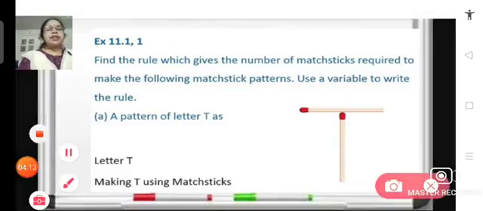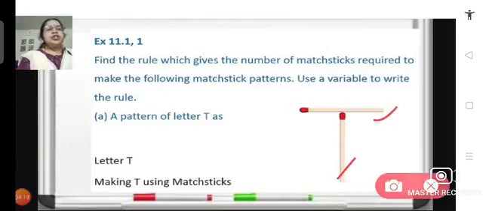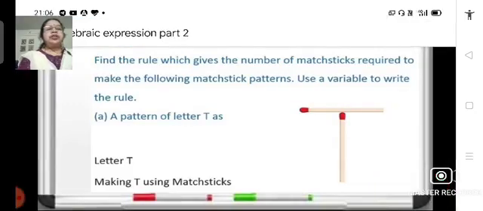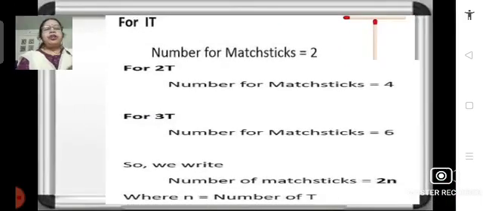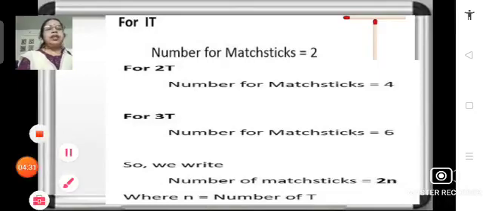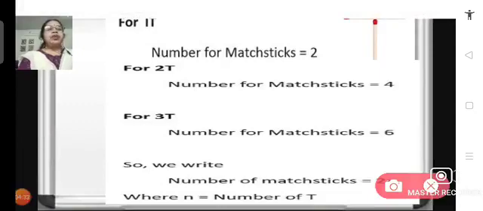How many matchsticks we are using? We are using 2 matchsticks. So, how do we write general formula or general rule for number of matchsticks? So, for 1 T, how many matchsticks we require? We require only 2.